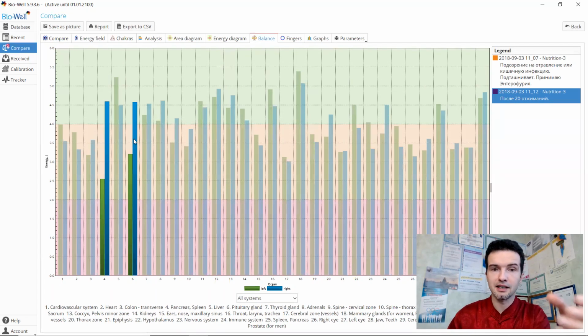So I've decided that, okay, this is the organ that is responsible for my illness, and I've just changed the diet for 1 week. I found on the internet the specific diet for pancreas disorders.